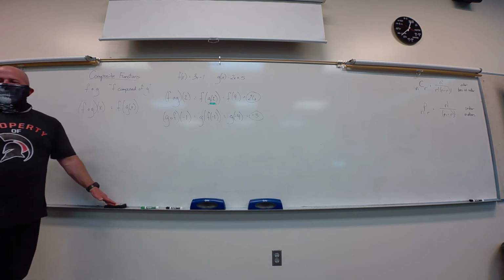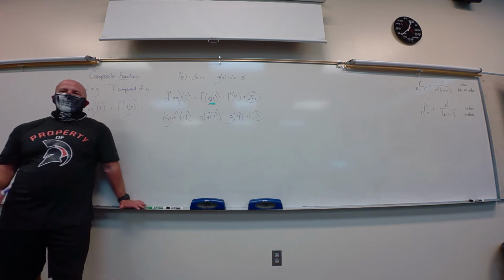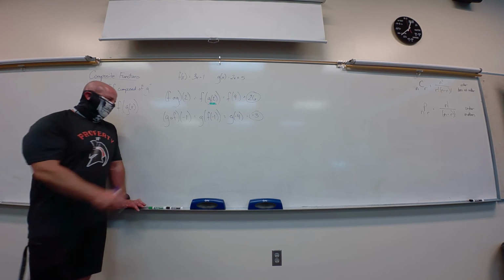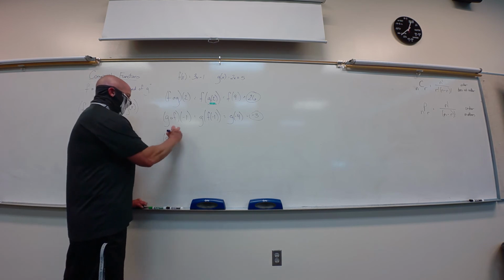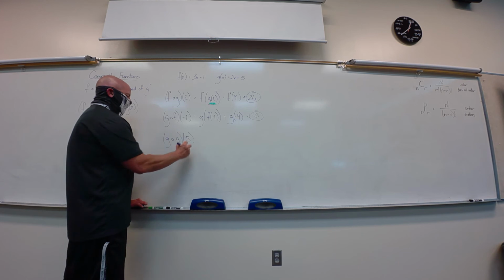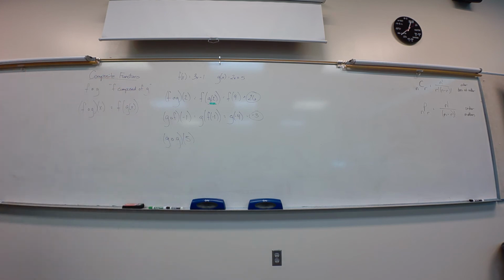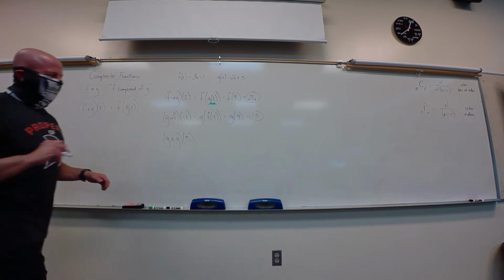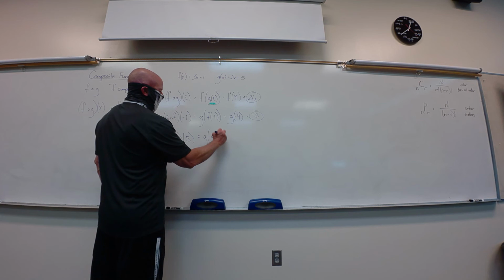A lot of times on the composite functions, they look a lot worse than they really are. If I just work them out in stages, write it out and go in stages, it'll work. Let's go g composed of g of 5. Now this one looks even more strange because you have two g's there. It doesn't matter what letters are there. Do the rewrite first. So we're going to have a g on the outside, and then a g of 5 on the inside.